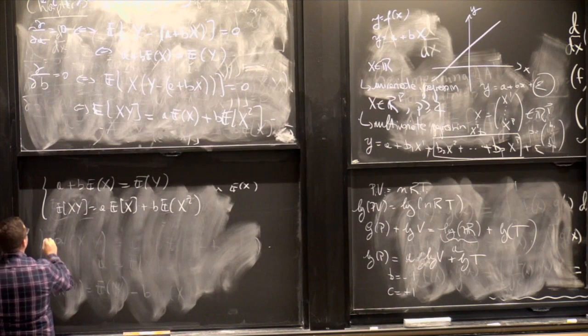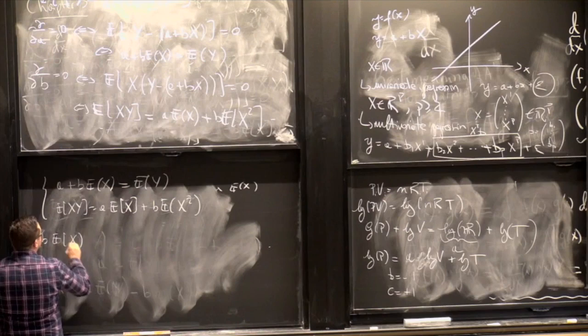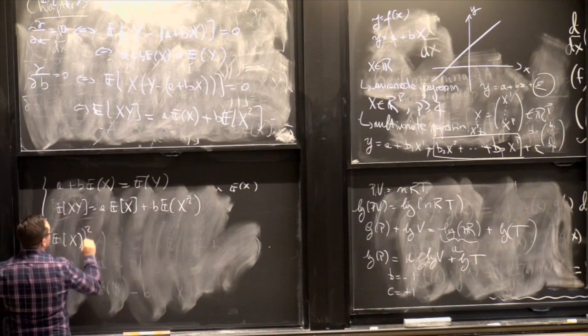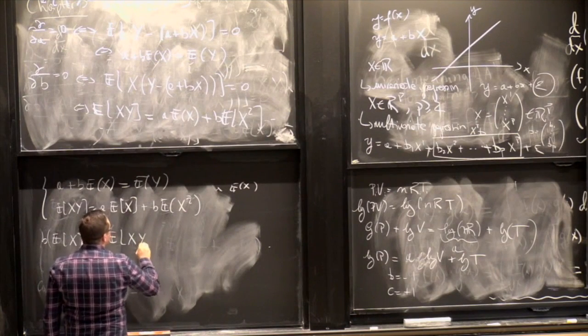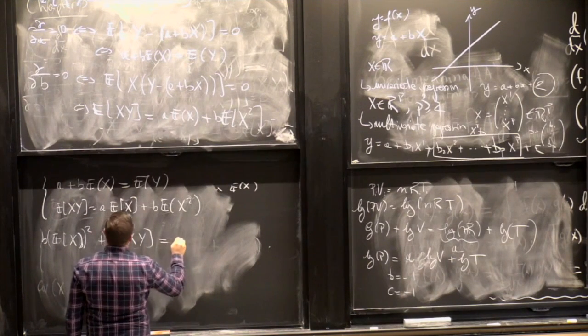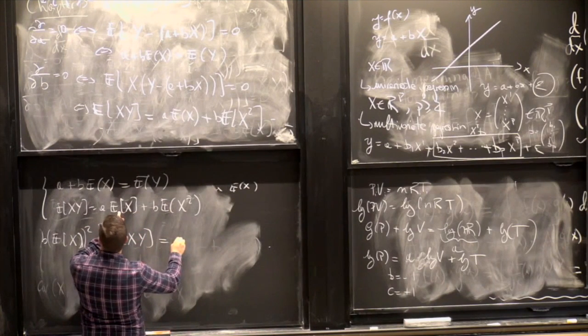OK, so then that tells me that b times e of x squared plus the expectation of xy is equal to, so this guy is the one that canceled.